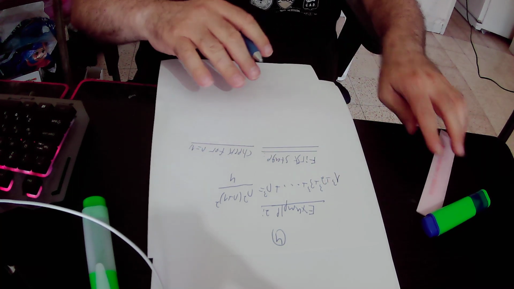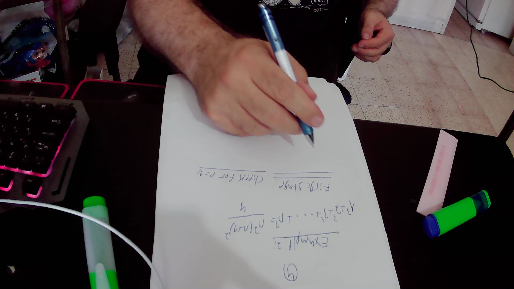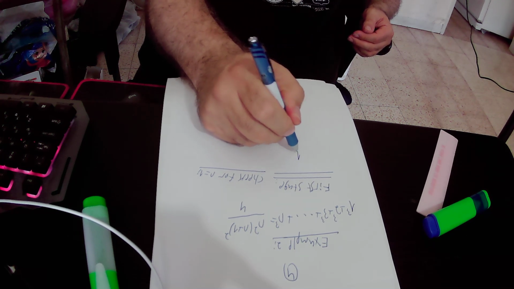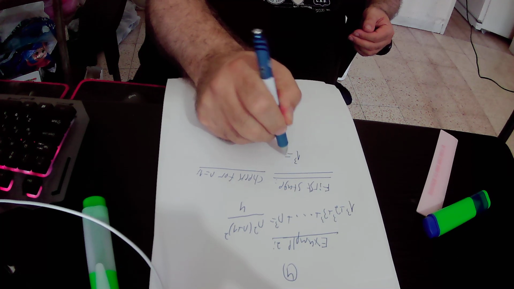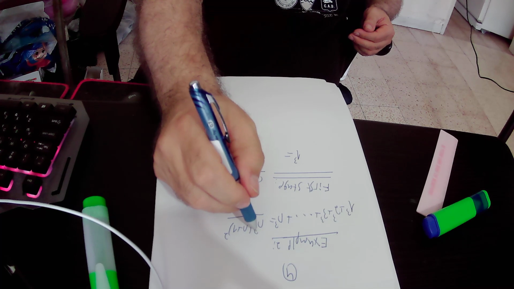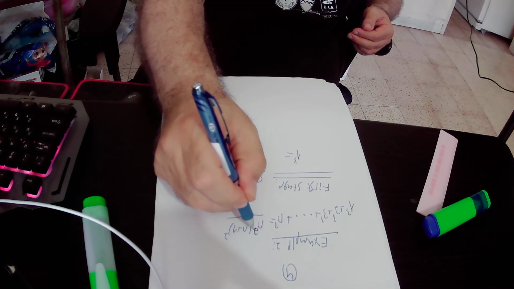Okay, so n equals to 1. In this side of the equation we will have n to the power of 3 equals to n squared times n plus 1 squared all divided by 4.